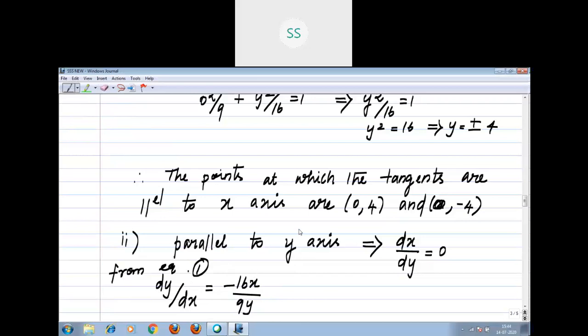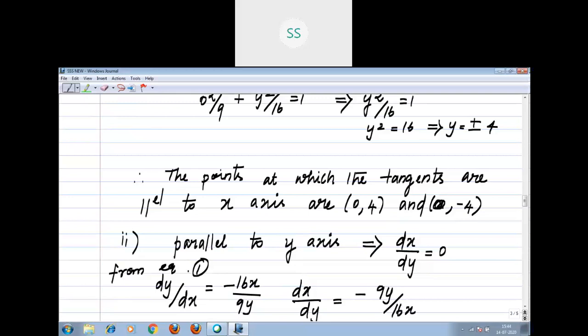I want dx by dy. So you should write the reciprocal on both the sides. dx by dy equal to minus 9y by 16x.